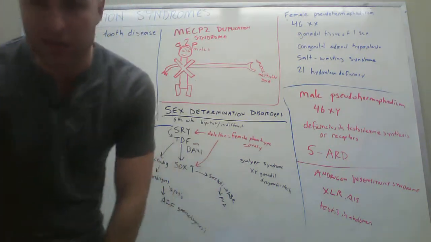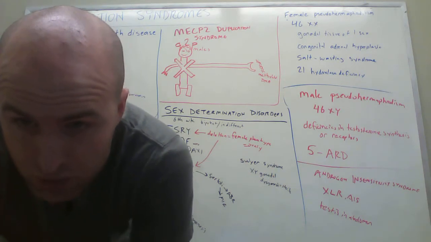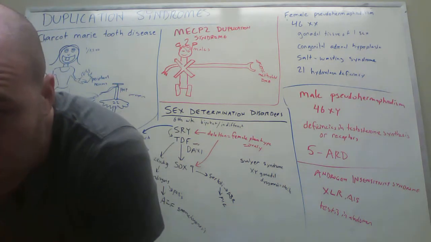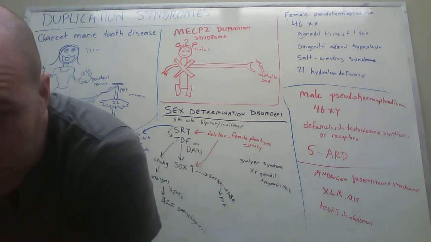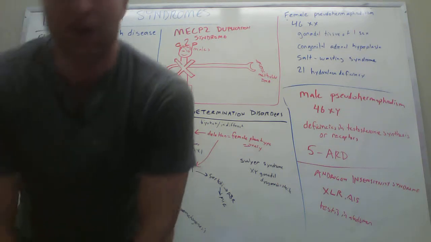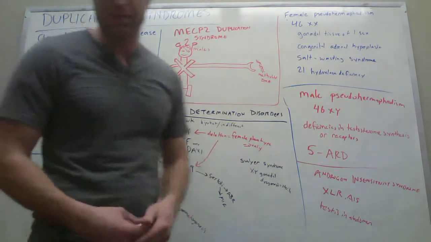So let me read what it says on here. Clitoral enlargement, labial fusion to form scrotum-like structure, salt wasting syndrome, aldosterone lack. Oh, so they don't have enough aldosterone. Okay. So that, duh, of course, it's salt wasting. We don't have enough. Okay, so they don't have enough of that.